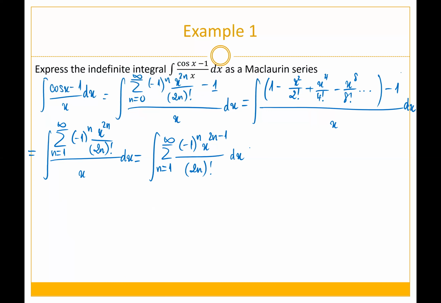Now when you take the integral, you keep your n, as I said last week, and then you have negative 1 to the n, which is just a constant, divided by 2n factorial, also a constant. Then you have x to the 2n divided by 2n again.